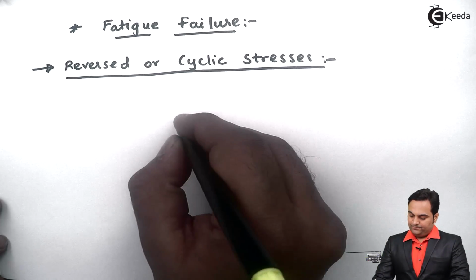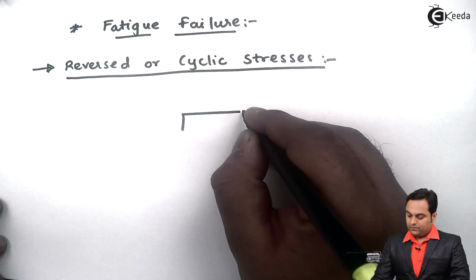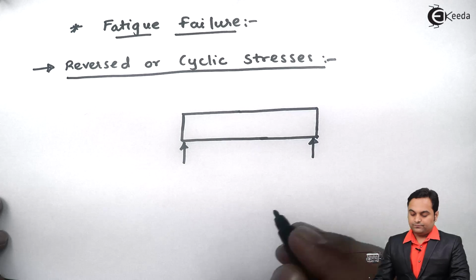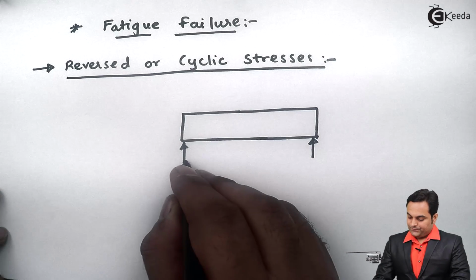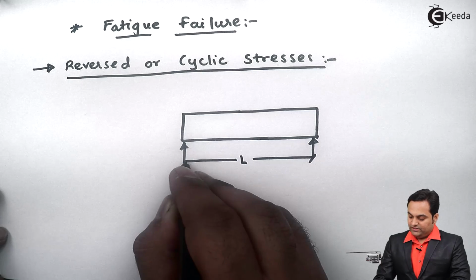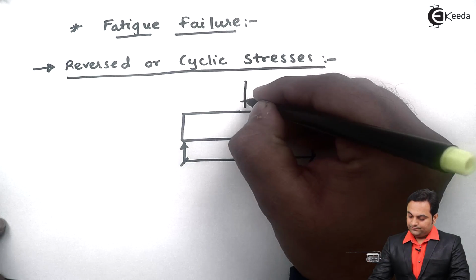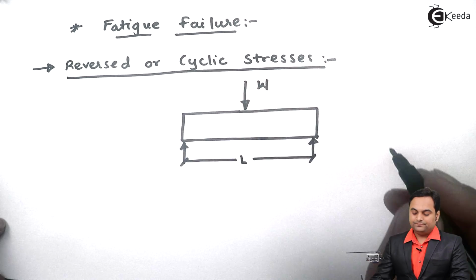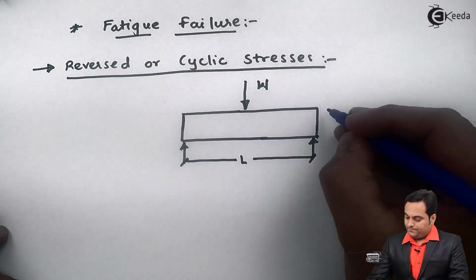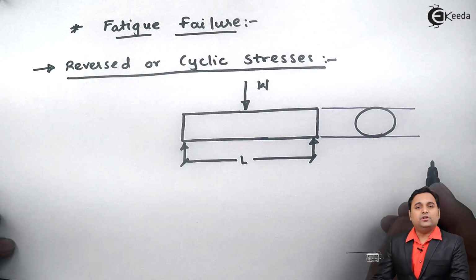So for this purpose, suppose we have a beam. Now this beam is supported at two ends. Capital L is the length of this beam. Now suppose a load is acting at the center of this beam. If I look at the cross section of the beam, I am assuming that the beam is of circular cross section.